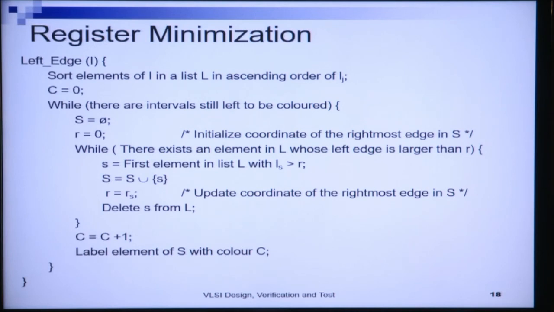S is the set of temporary registers that can be allocated to a single hardware register in each given pass, and this while loop is a pass. Firstly, R equals 0, the initial coordinate of the rightmost edge in S in the hardware register is set to 0, while there exists an element in L whose left edge is larger than R. That means I want to find a left edge in the list L, and in the list L all my left edges are sorted in increasing order.